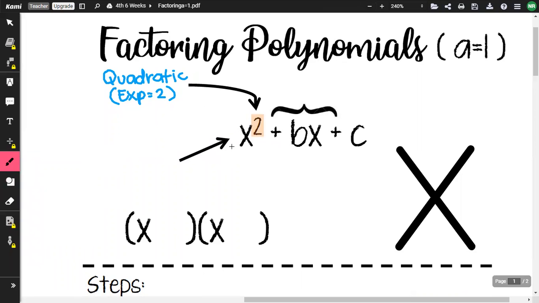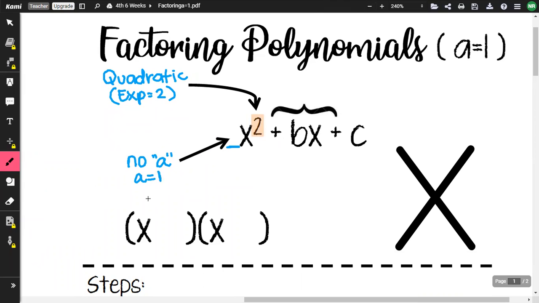There is no A. In standard form for a quadratic function, it should be ax squared plus bx plus c. But there is no A in what we're going to be doing today. There's no A value, and since there isn't a number there, typically we would fill it in with 1, because A is equal to 1.